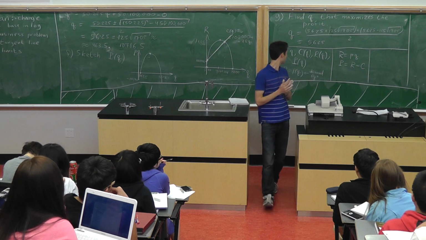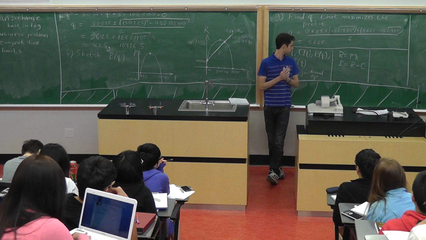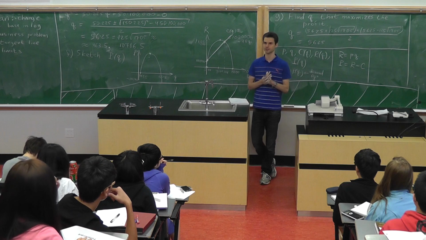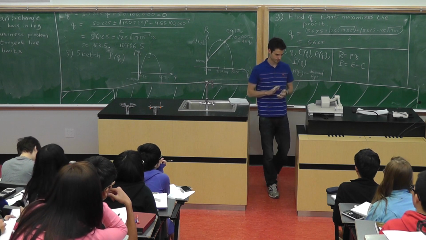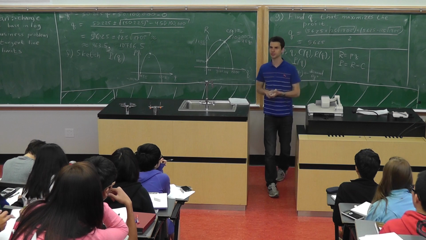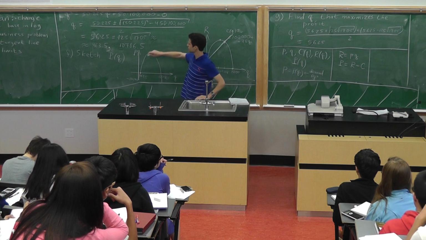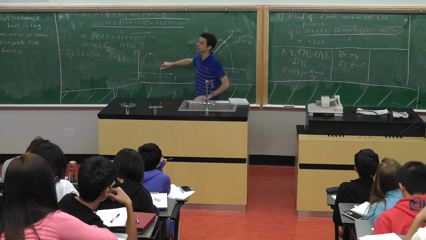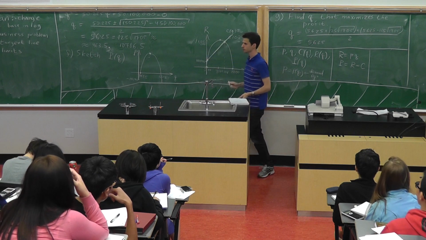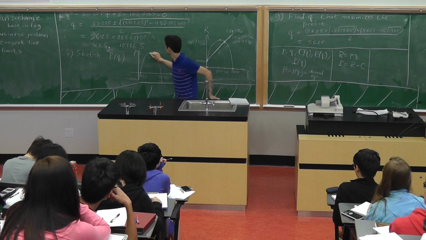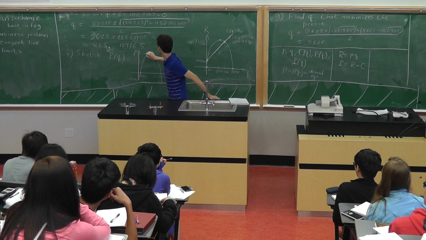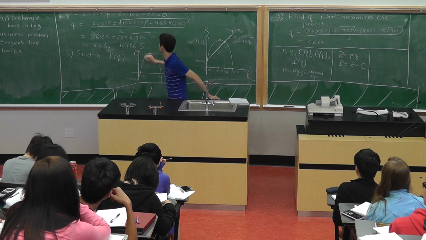Okay, so let's now leave this business context. I want to say that here we maximize a function. And if you look at this function, at the point of maximum, what happens? The tangent line at this point is exactly horizontal.